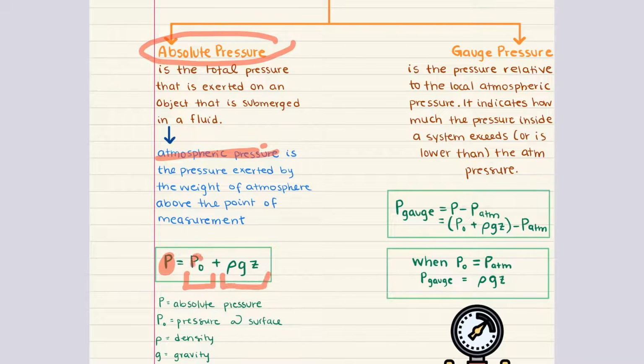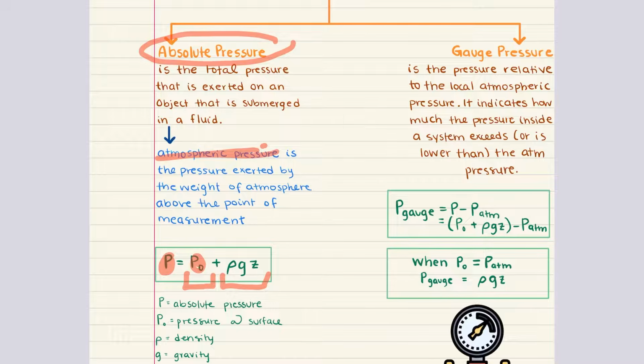This first term, P naught, is the ambient or surface pressure. This is often the atmospheric pressure, but I do not want you to make the mistake of assuming that P naught always stands for atmospheric pressure. In open air and most day-to-day situations, P naught is equal to 1 atmosphere, but in other fluid systems, the surface pressure may be higher or lower than atmospheric pressure.